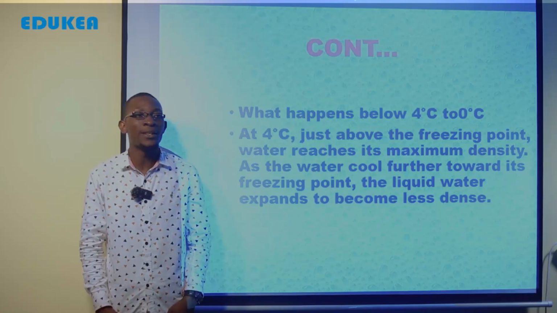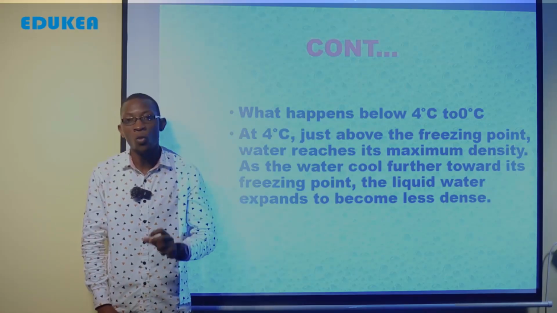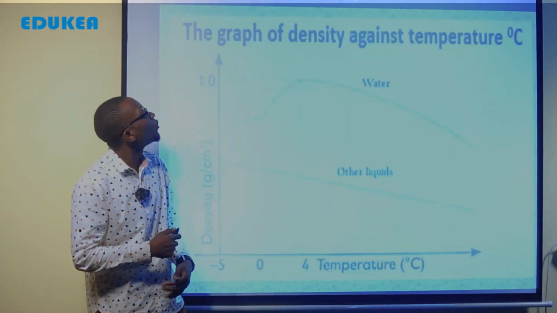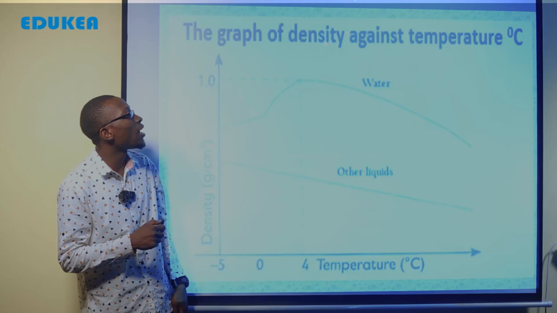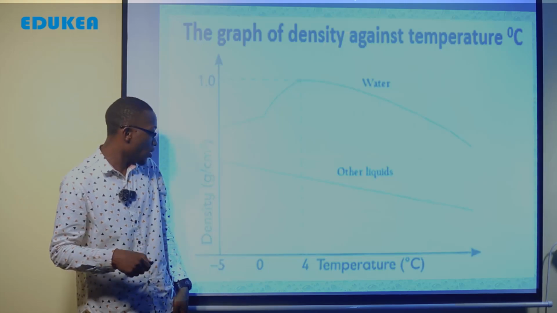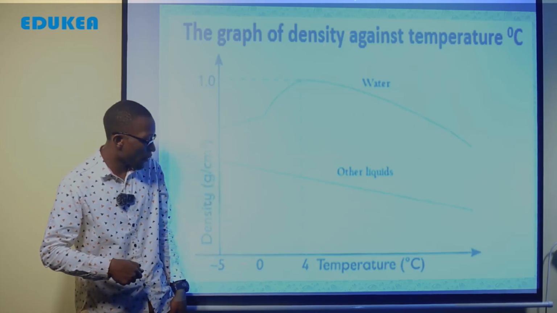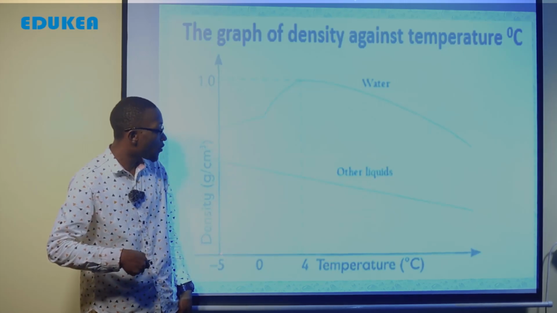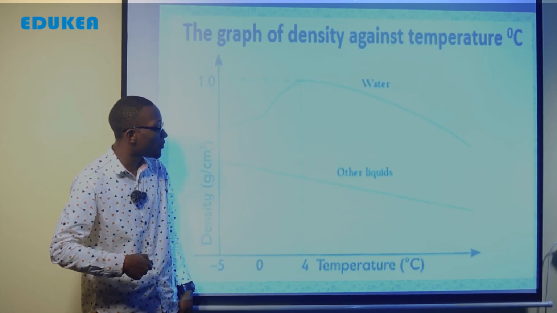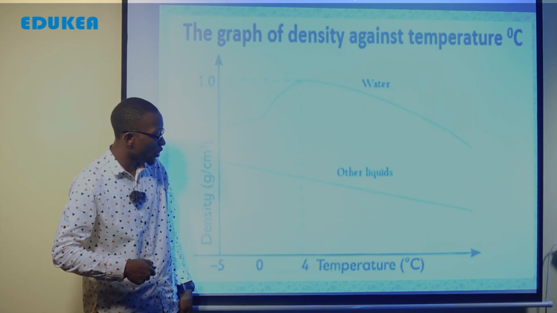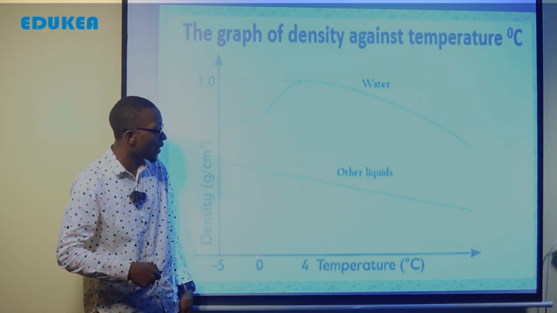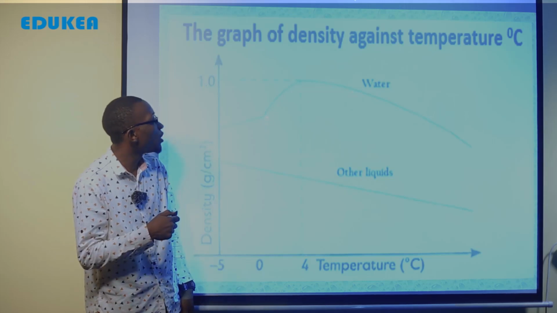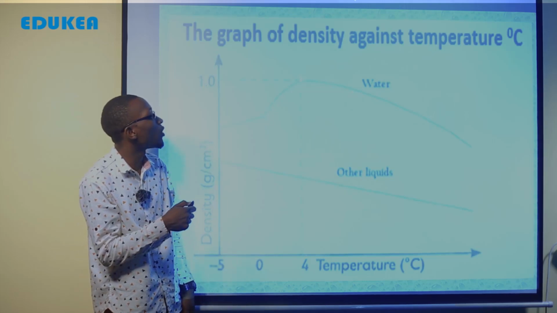So you can see this is a graph of the density against temperature. This is the density and this is the temperature. You can see the liquid, starting from zero here, tends to expand. You can see this water from zero tends to expand, it starts to expand. When it reaches 4, what will it do? Will it continue to expand or tend to decrease?